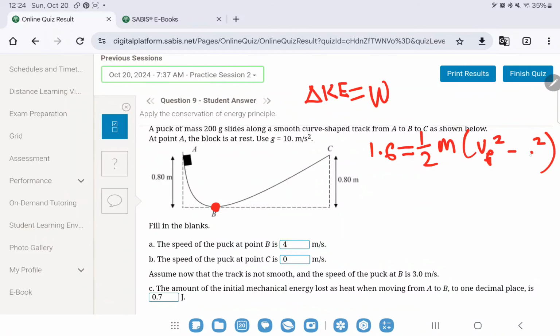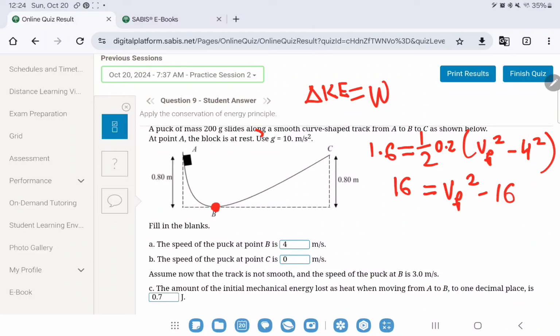So we're going to replace this by 4, and the mass is going to stay 0.2 kilograms. So again, we get 1.6 equals half times 0.2 times velocity final squared minus 16. So what can we see here?